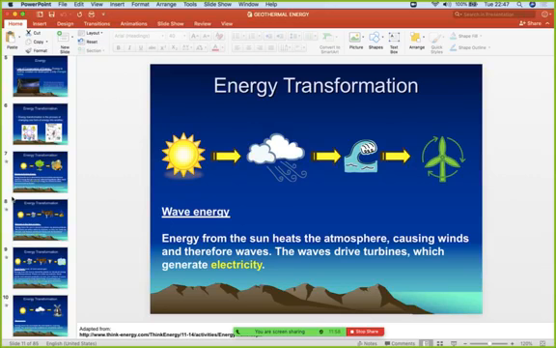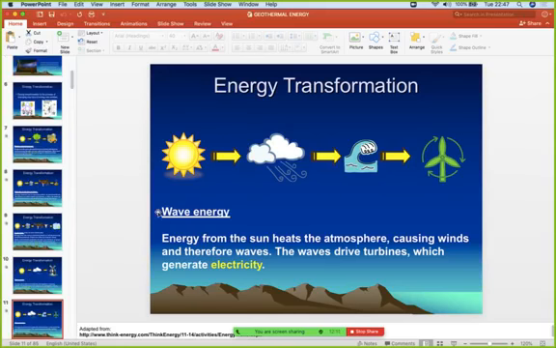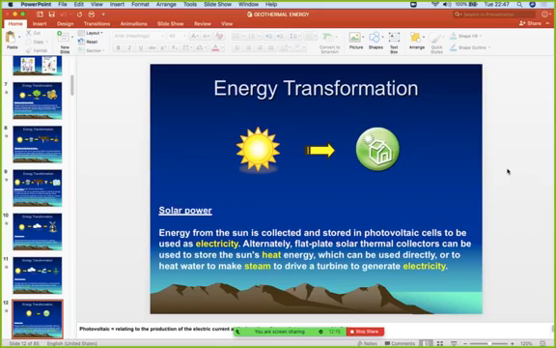Okay, so after the wave energy, we have the solar power.